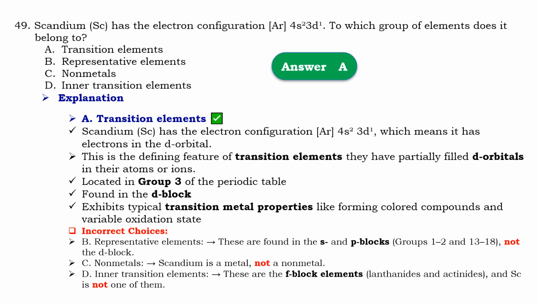Option C, nonmetals: Scandium is a metal, so it is not a nonmetal. And option D, inner transition elements, are the f block elements like lanthanides and actinides, and Scandium is not one of them. So it should be perfectly A.